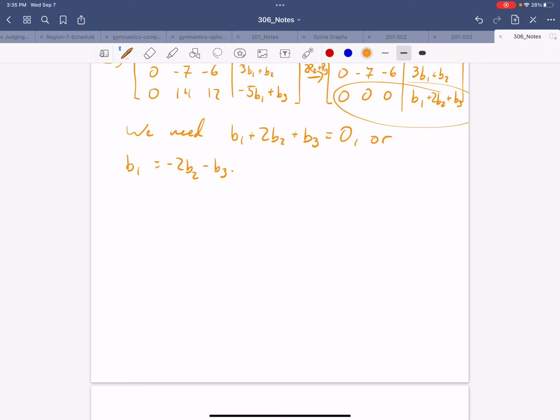Now, in this case, note that b2 and b3 can be whatever they want. So you could look at this as letting b2 equal some constant s and b3 equal some constant t. These are just real numbers.